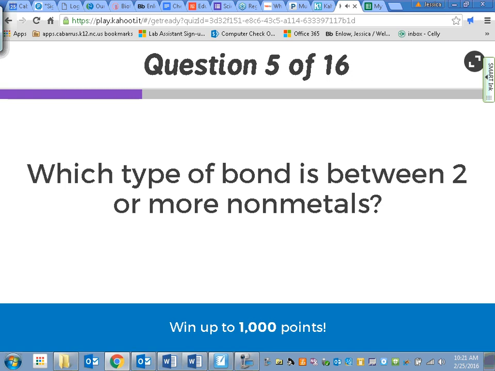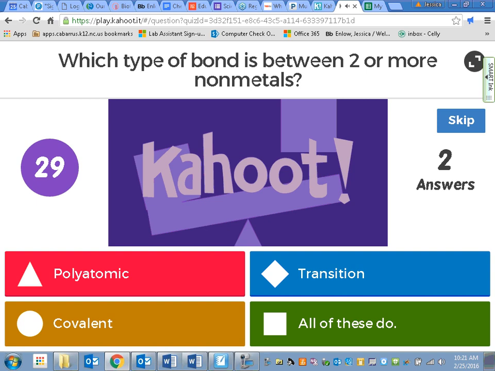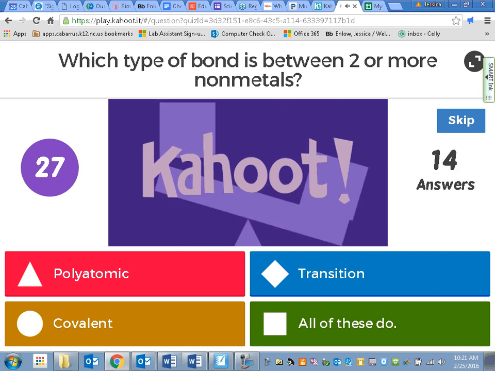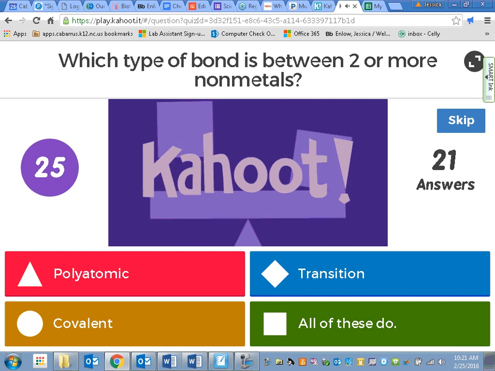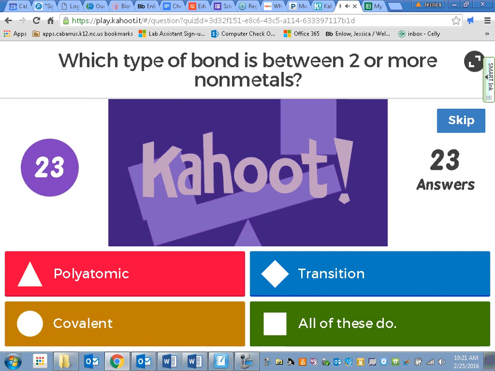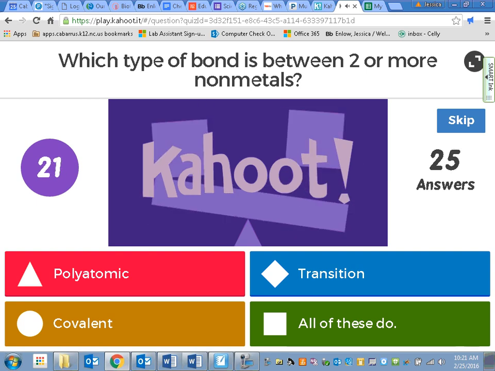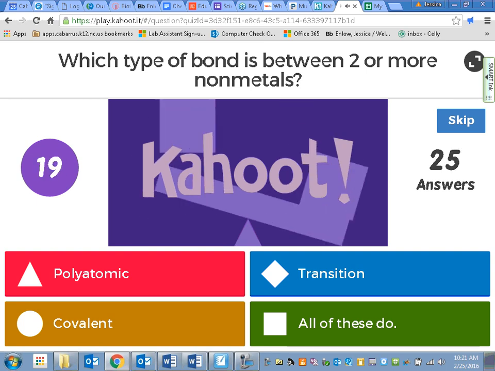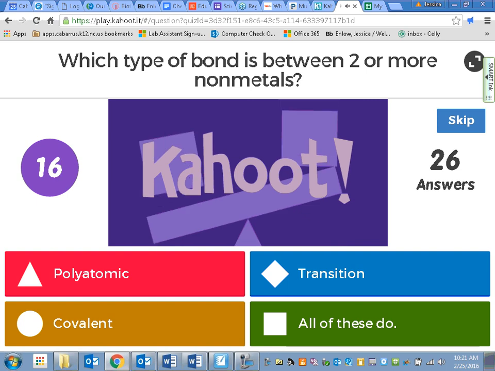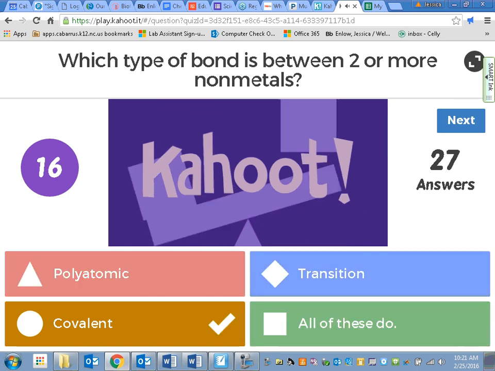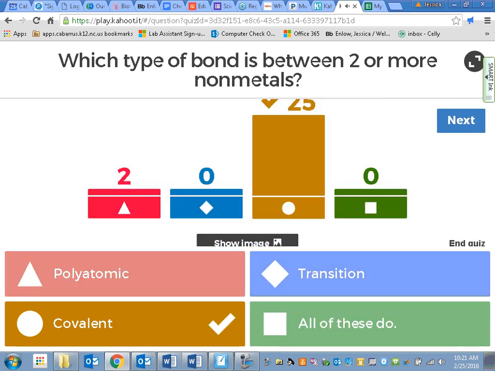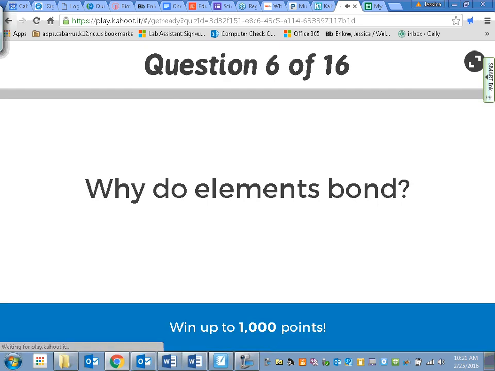Which type of bond is between two or more nonmetals? So I can ask these things in many different ways, right? All right. Nice. Okay. So covalent shares between two nonmetals. Keep going. Why in the heck do elements bond?